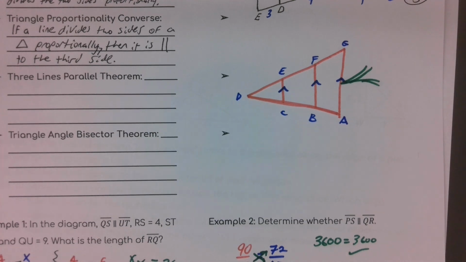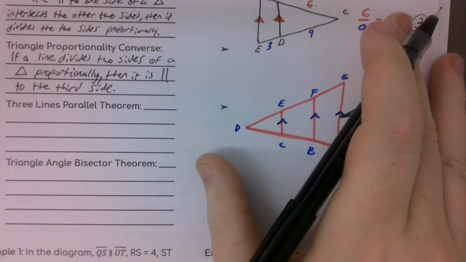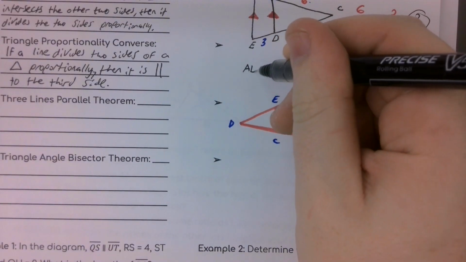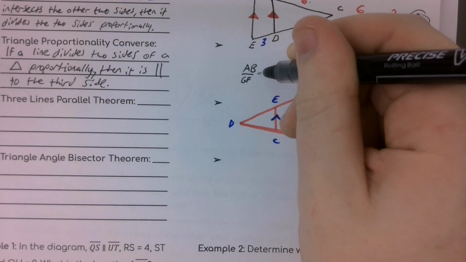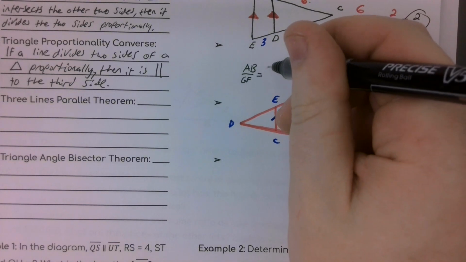The idea is, if we have three lines that are all parallel to each other, that means that all parts of these triangles should be proportional. We can say that AB and GF correspond. So AB over GF should equal, well, BC and FE correspond.